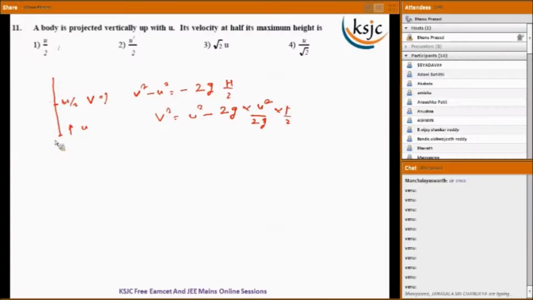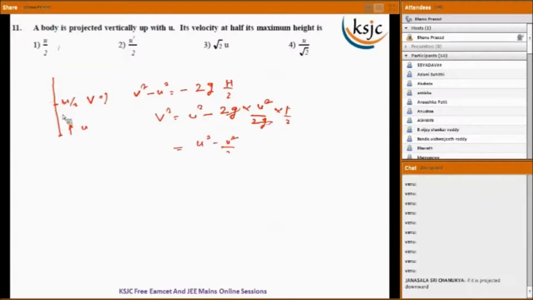Now this gets cancelled and you get u square minus u square by 2, which is u square by 2, and therefore I can write v equals u by root 2. Option 4.